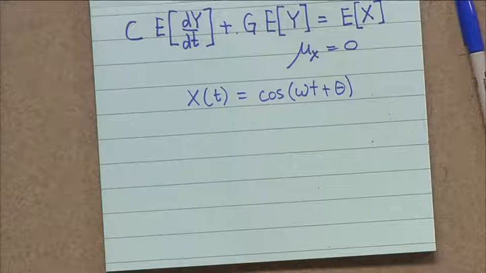If it is defined only between 0 and pi, its mean value is not 0, and it would not be wide sense stationary because the mean value would depend on time.